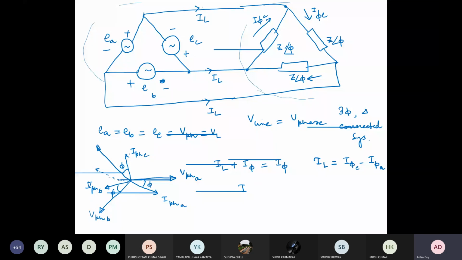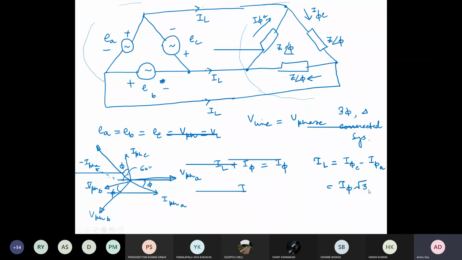What is the angle between I phase C and I phase A? These are 120 degrees apart, which means if you take minus of I phase A, the angle between them is equal to 60 degrees. So if you take the phasor sum of these two, you get I phase into root 3.